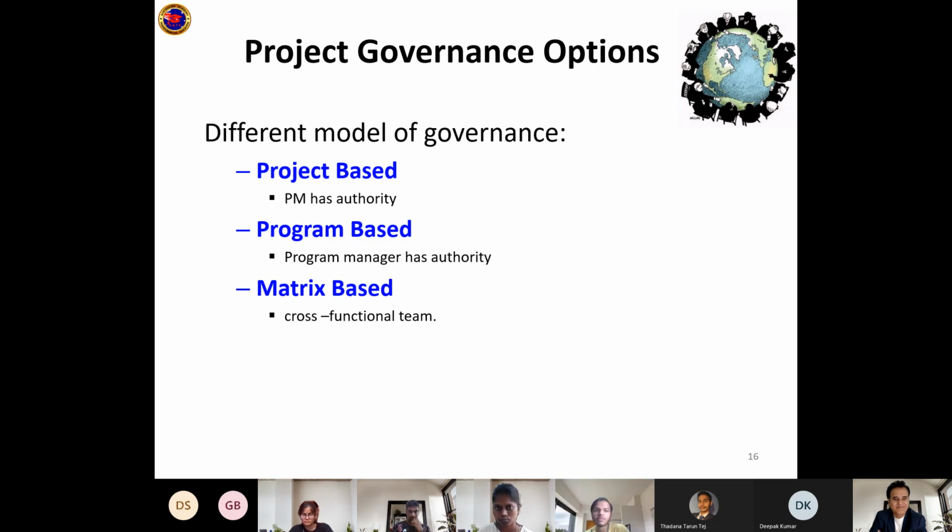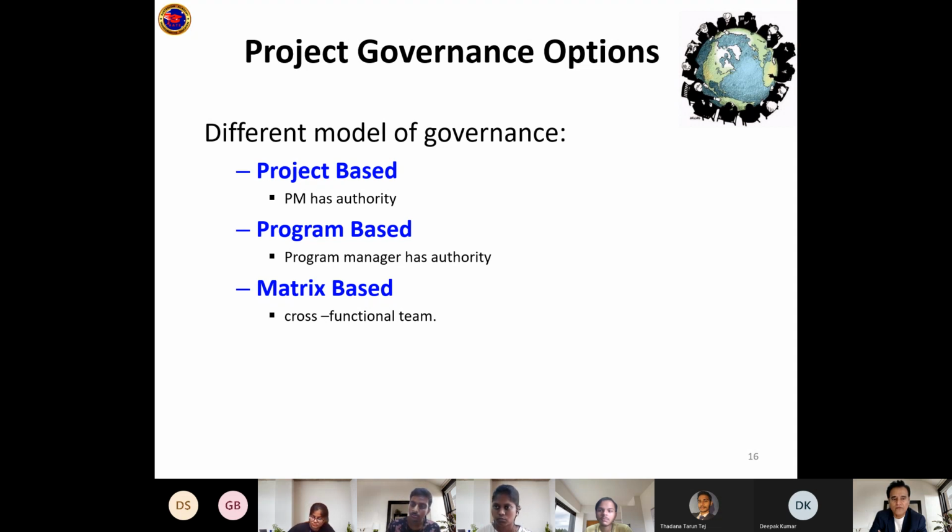Sir, I will choose the project-based model, because the project manager has the supreme authority in that case. Good. So what Jyotiraditya has mentioned is that he wants the project manager to have supreme authority, and that is why he wants to go project-based. In project manager language, we call the reason for choosing project-based the control.